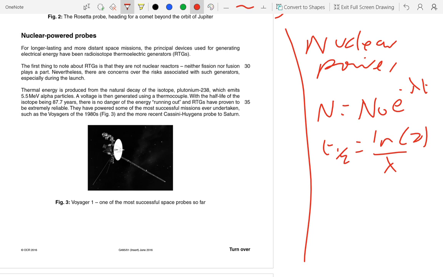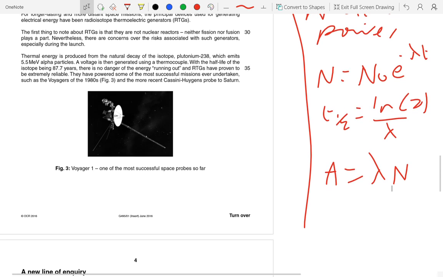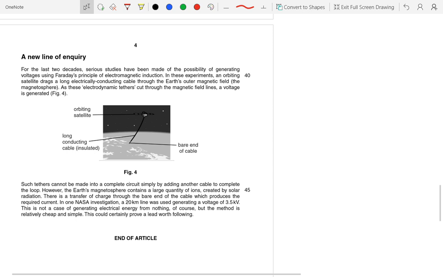And you want to probably know activity equals lambda N. And like I said, be aware that it could ask you things to do with electricity and electric circuits, basically across all of these 3 sections, because that's what in the end it's producing. Well, this one's mainly nuclear. And then this one is electromag.